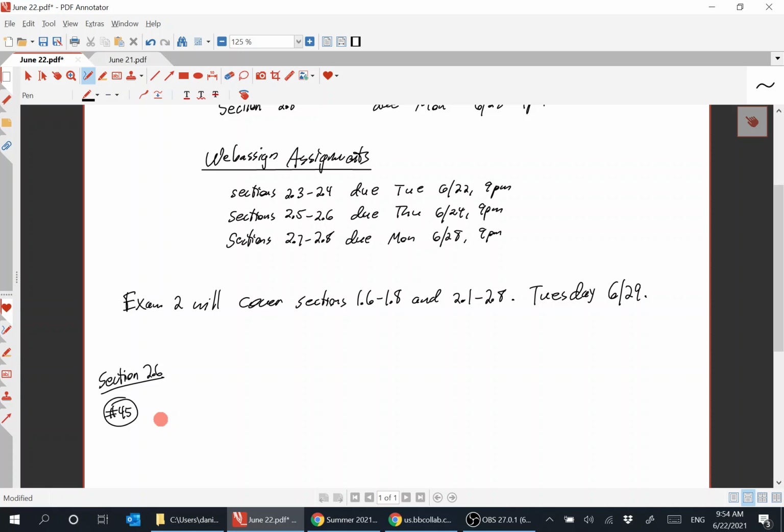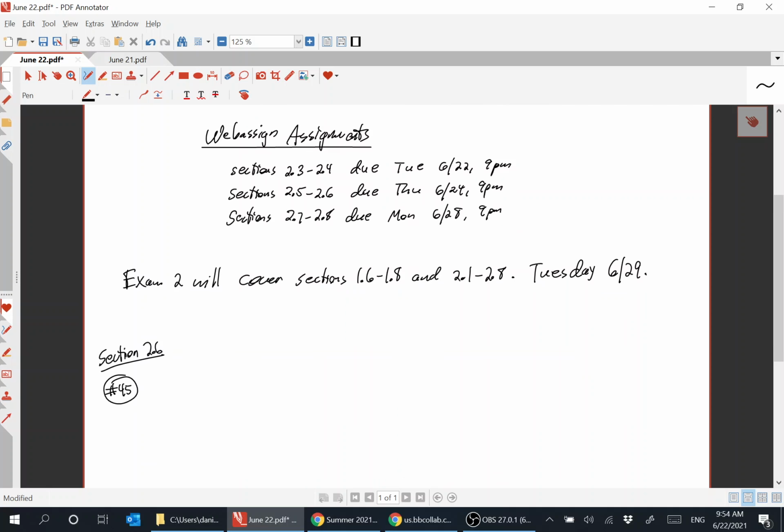So in number 45, sketch the graph of the function given, using these transformations, starting with a standard graph and then using transformations. So this one is y equals (x minus 3) squared plus 5.